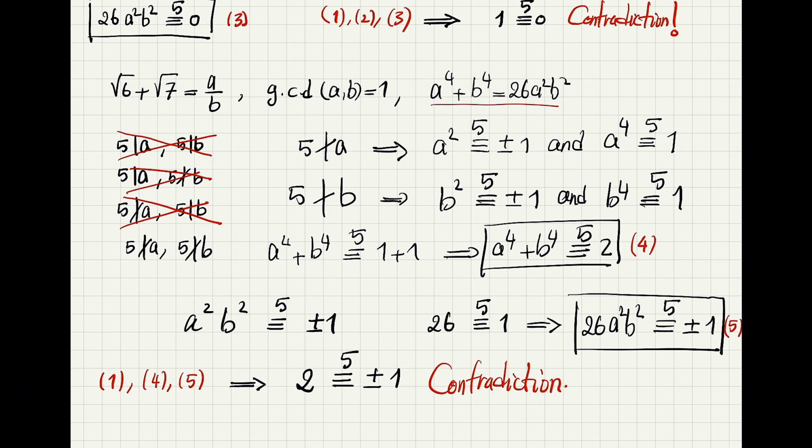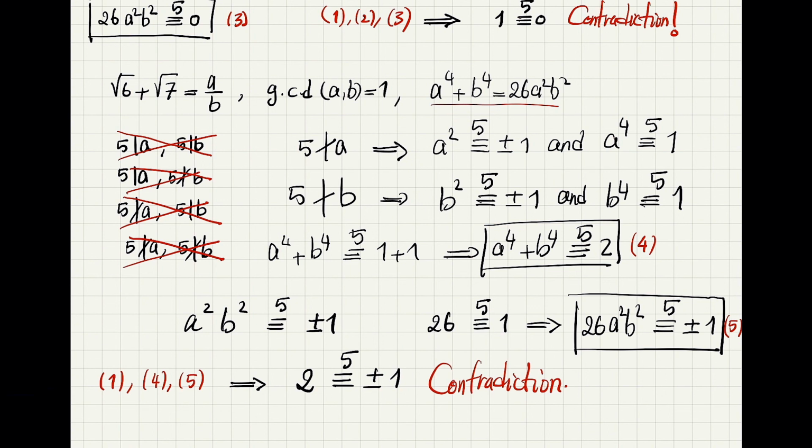Okay, so this means that I have to rule out this one as well. So on the one hand, A and B are a pair of integers. They should satisfy exactly one of these statements. But each one of these statements gives rise to a contradiction, so it cannot happen.